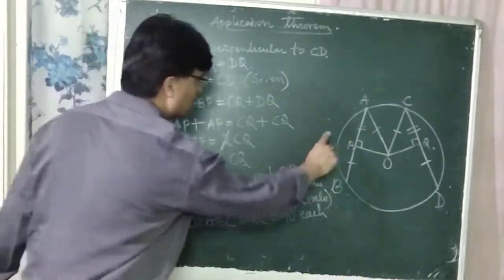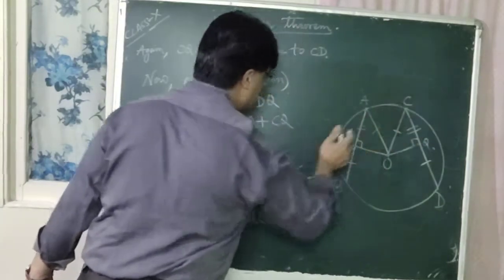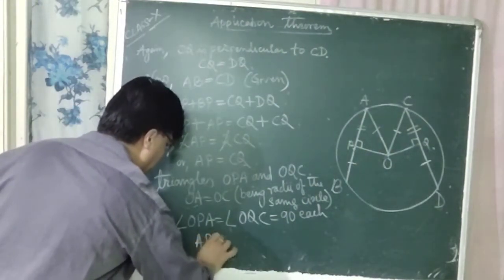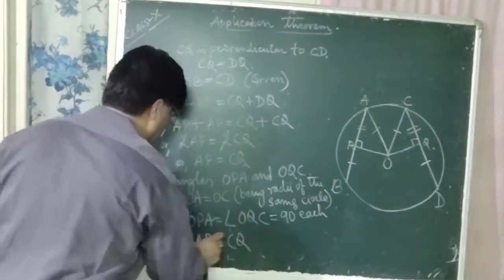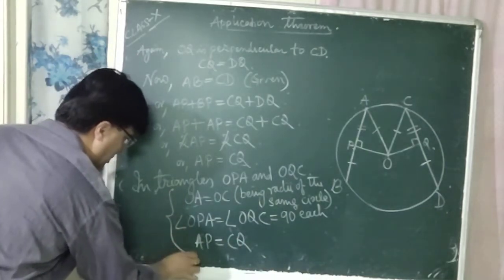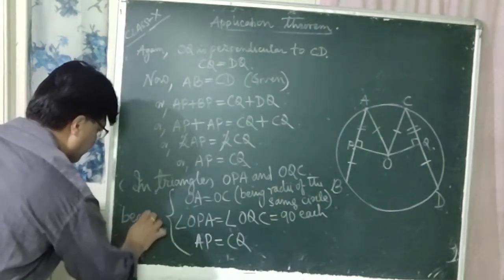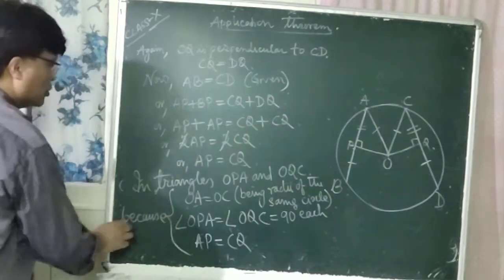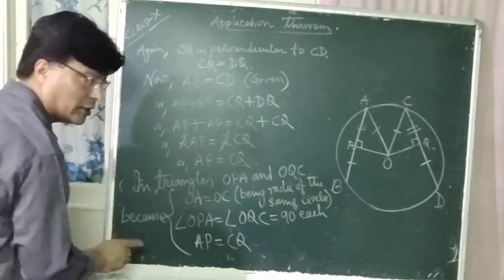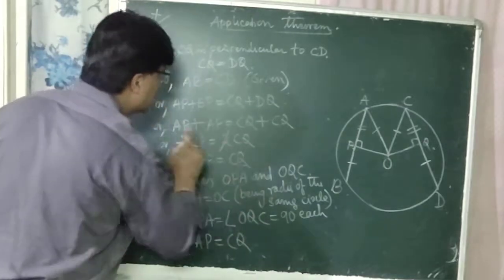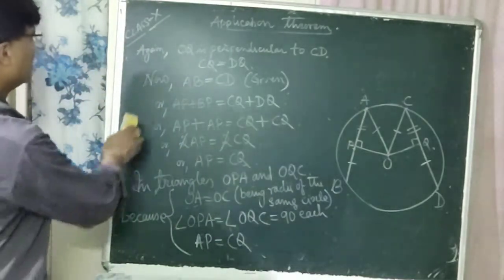This AP is equal to this CQ. So these are the 3 reasons. Because of these 3 reasons, you can write down that these two triangles are congruent, right?